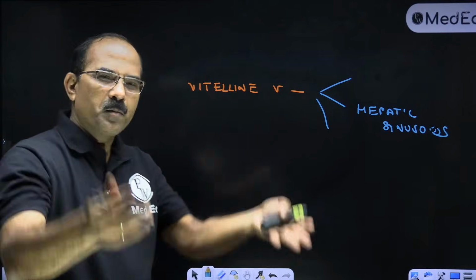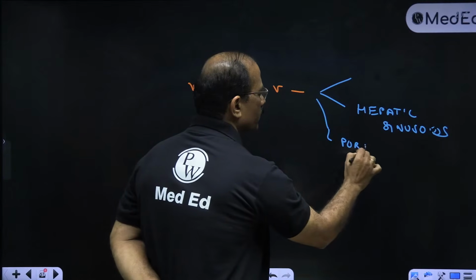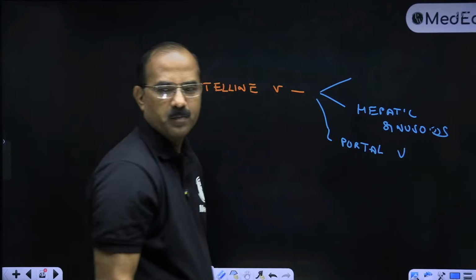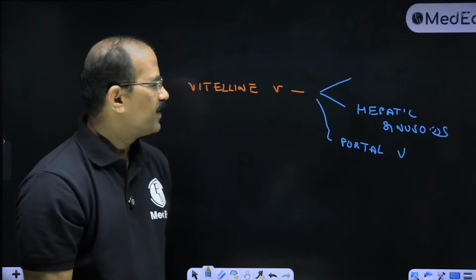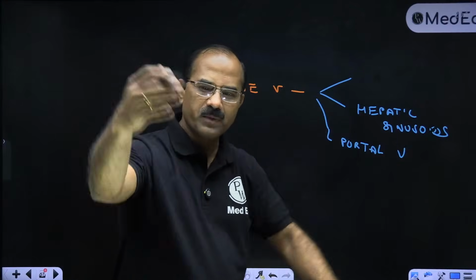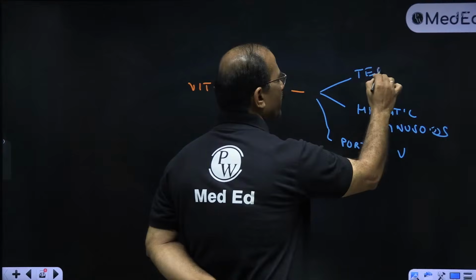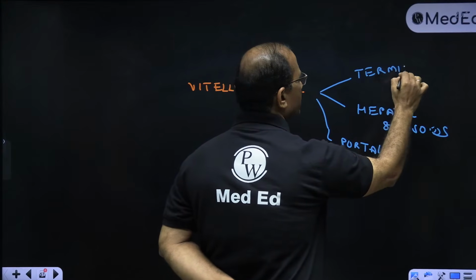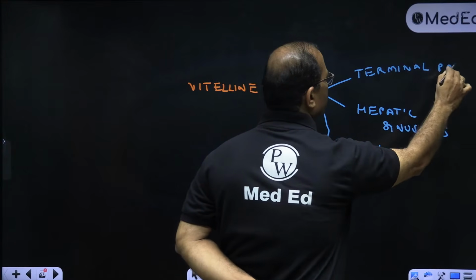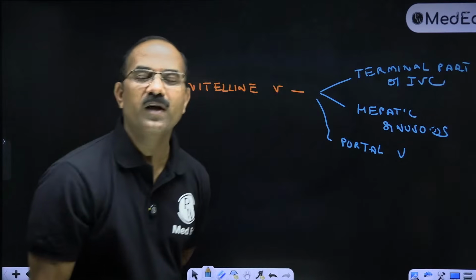ठीक है? Before the hepatic sinusoids, ये क्या बनाता है? Portal vein. हाँ. And ductus venosus. ये hepatic sinusoids में ही ductus venosus बनता है. And it forms the terminal part of IVC. उसको बोलते हैं hepatocardiac channel.